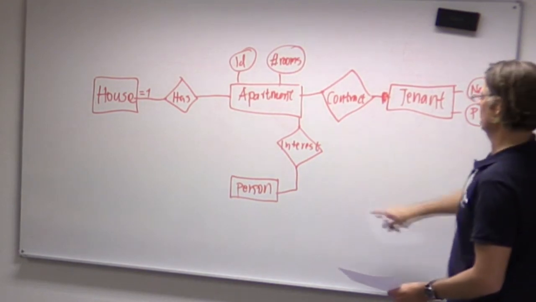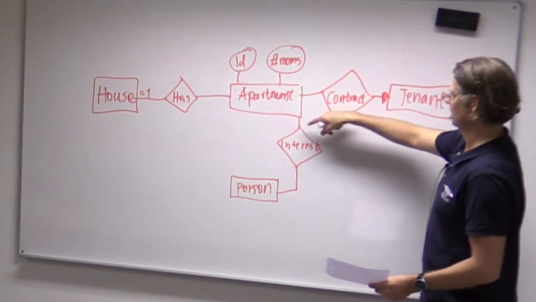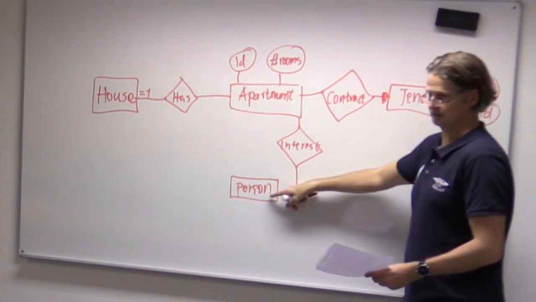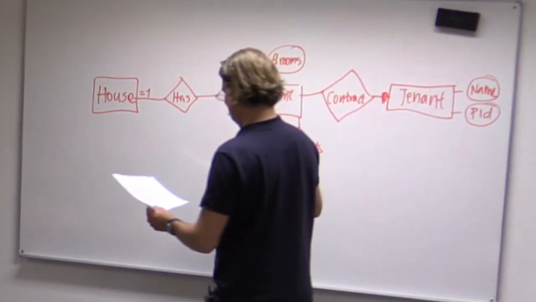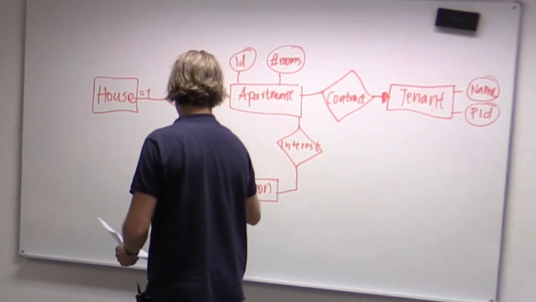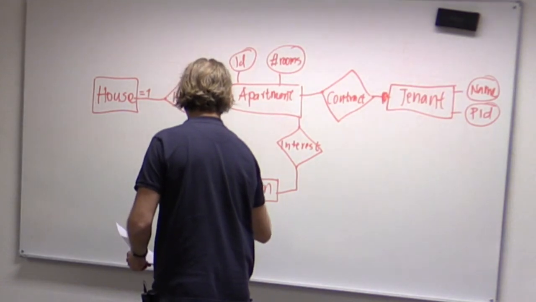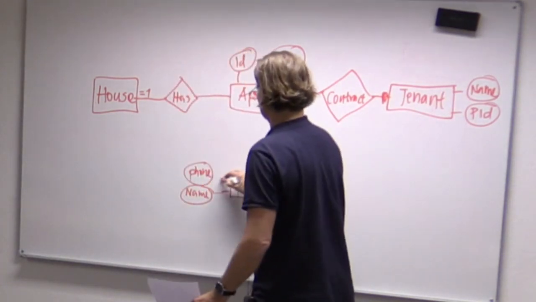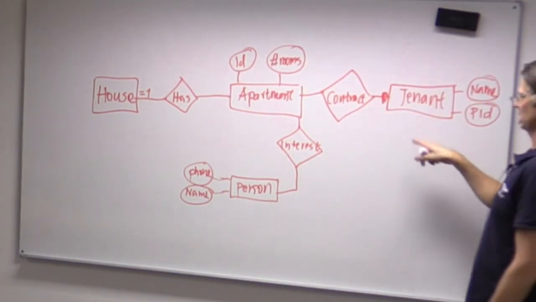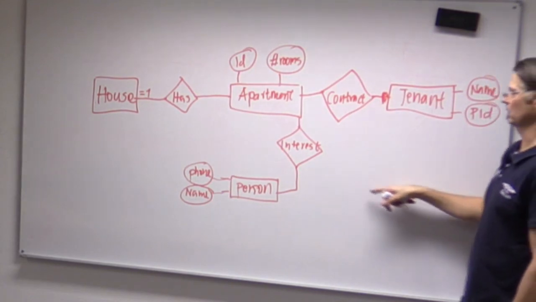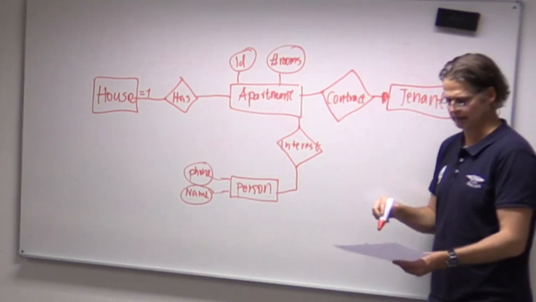So a person might be interested in many apartments, and an apartment might have many interested persons. And we added a phone number and a name as attributes. So if the owner of these buildings found out that there was a tenant leaving an apartment, he could probably call the first person in the list and tell him that, okay, we have one for renting now.